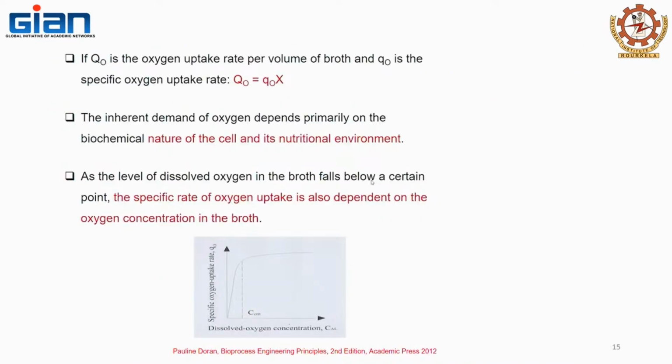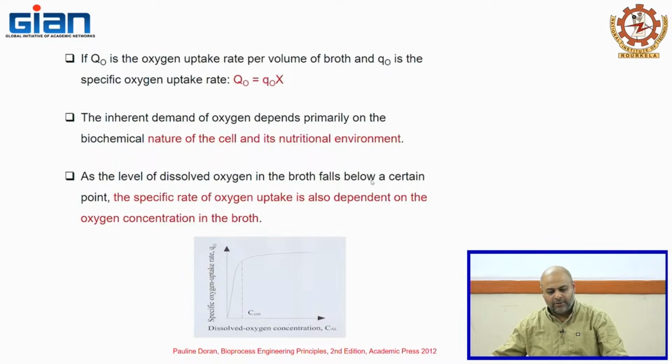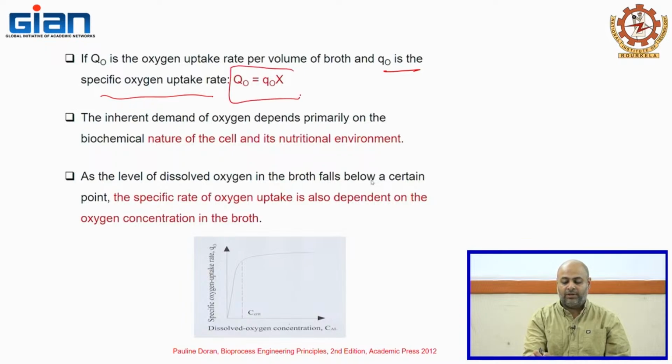Now, if the QO is the oxygen uptake rate per volume of the broth, and small qO is your specific oxygen uptake rate, the equation is QO divided by X. It has to be with respect to X to give you your specific oxygen uptake rate.